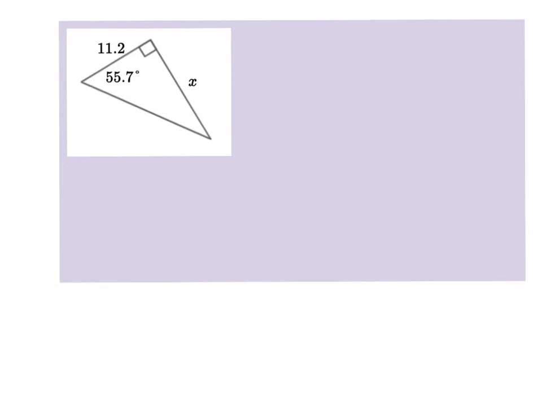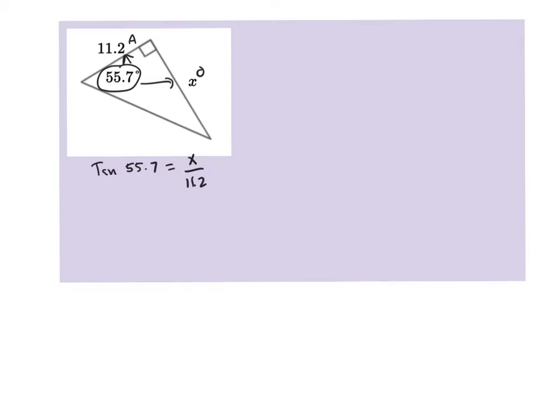Okay, in this question, we're going to do the same thing. So again, if I'm starting with this, this is my opposite, this is my adjacent, so I'm going to use tangent. So we would have the tangent of 55.7 is equal to the opposite side, which is x, over the adjacent side, which is 11.2.